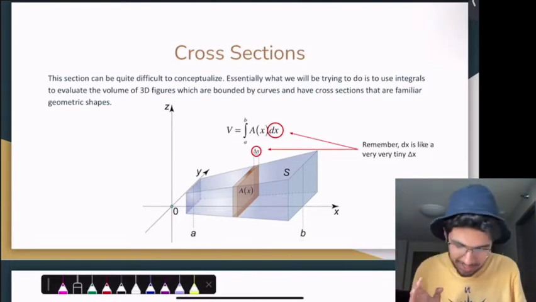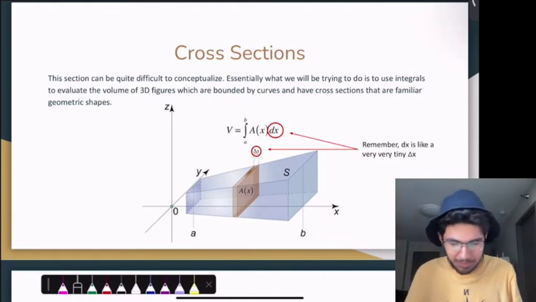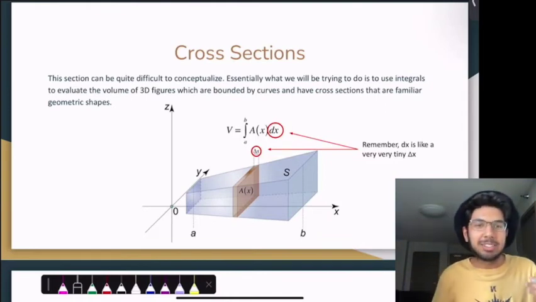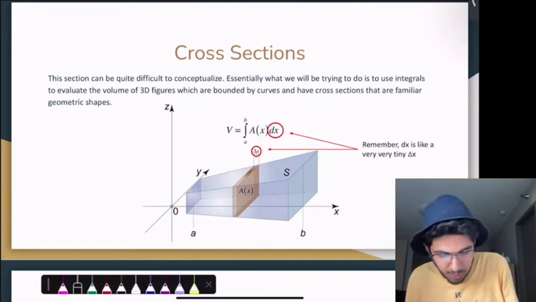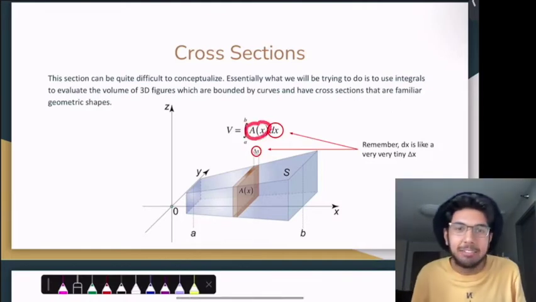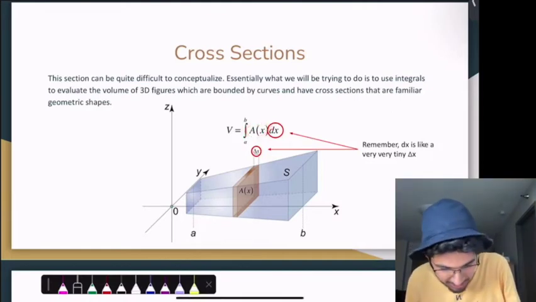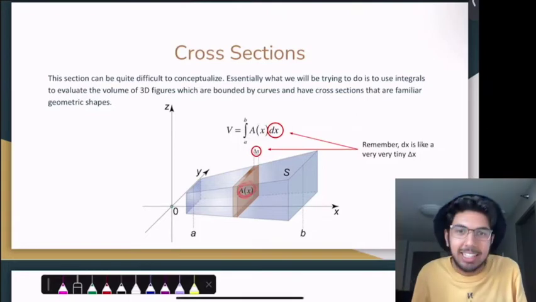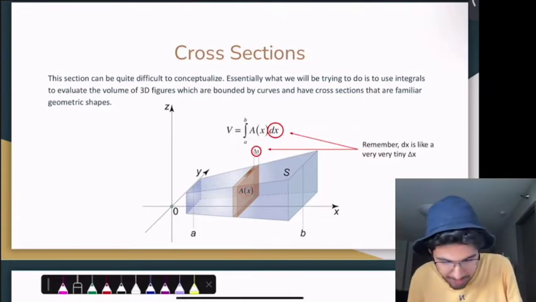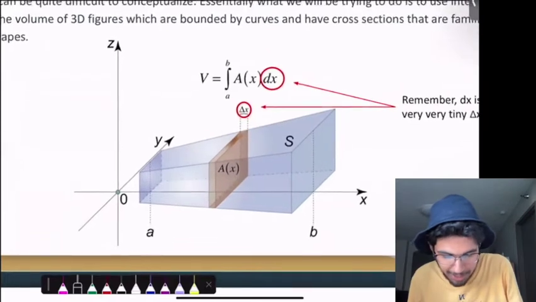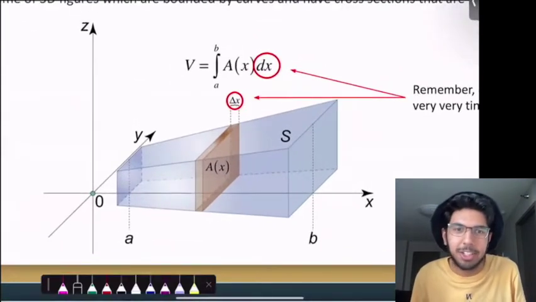Anyways, what are we integrating? We're integrating A of x. In this figure, A of x is this cross-sectional area. This brown part of the figure is a cross-section.